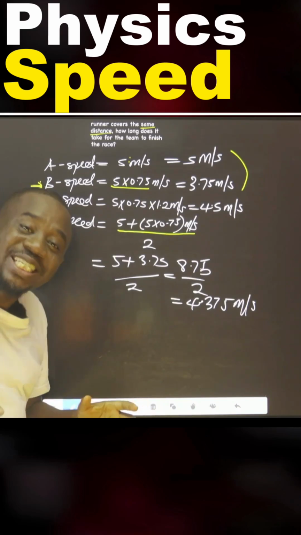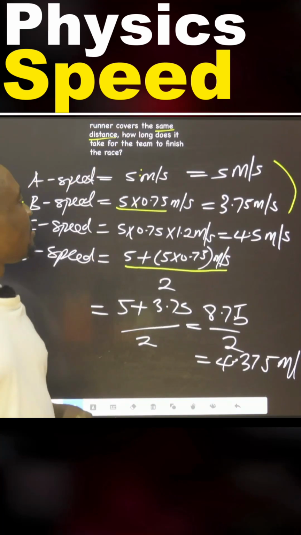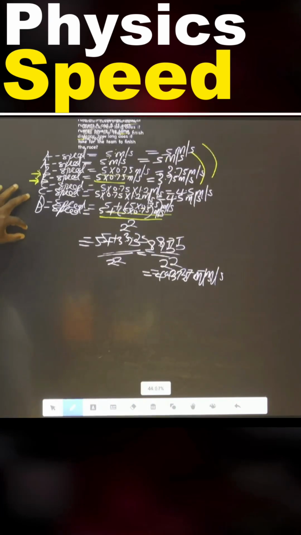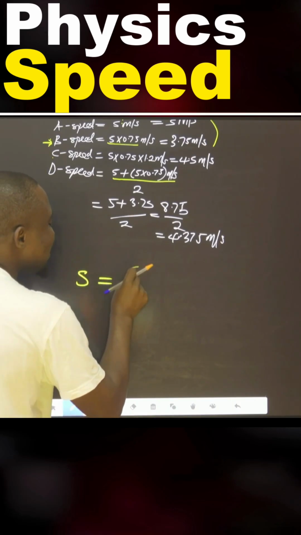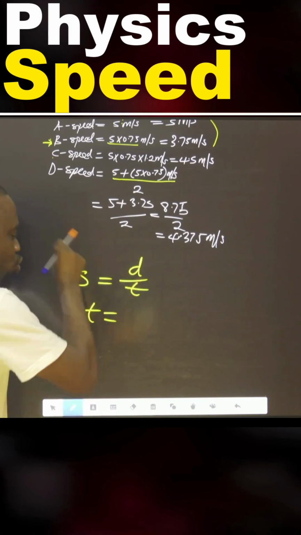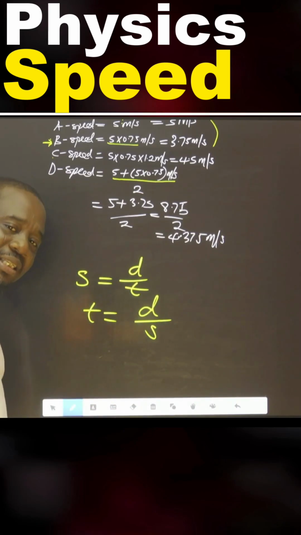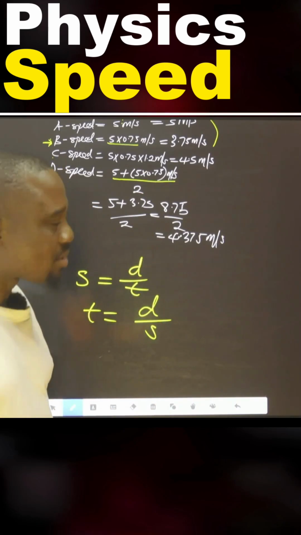So the question is now asking us, how long does it take for the team to finish the race? That means we are looking at time now. Remember, speed is equal to distance over time. Time, therefore, if you switch this, cross multiply, you're going to have time equals distance over speed. Okay?